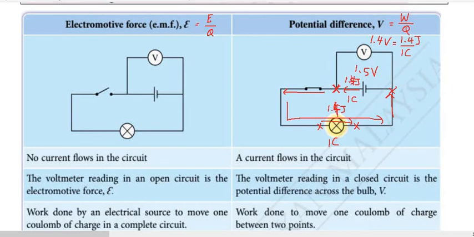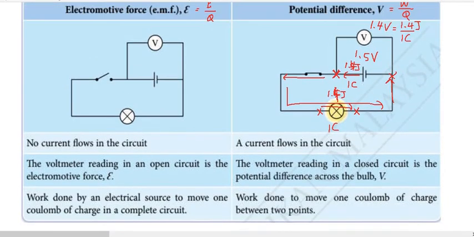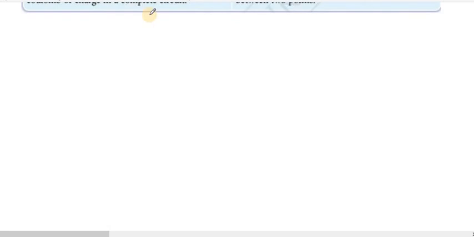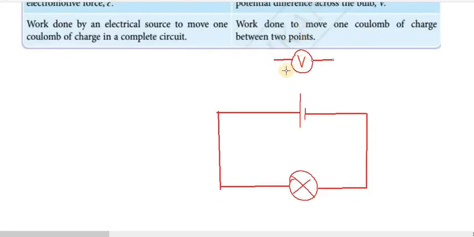Okay, so I draw this circuit one more time down here. For your information, when you draw the circuit, sometimes a question will ask you to draw the electrical circuit. You must make sure that all of the lines, especially the connecting wires, are connected. They must touch.